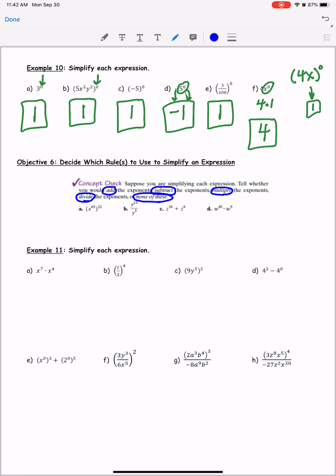Okay, so on A, you have a to the 63 all to the 21st power. I don't care what my final answer is. Am I adding, subtracting, multiplying, dividing, or none of the exponents? Well, this one here is a power to a power. When you have a power to a power, you are going to multiply. Let's just do this right here.